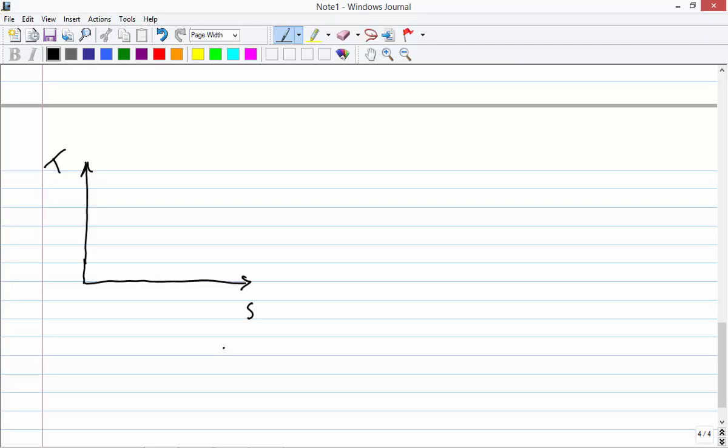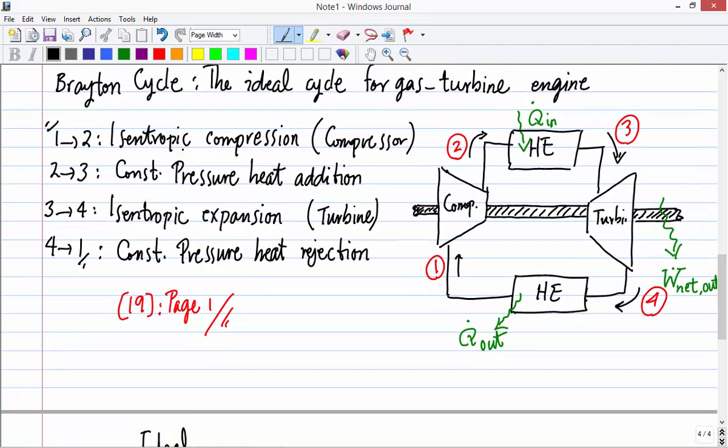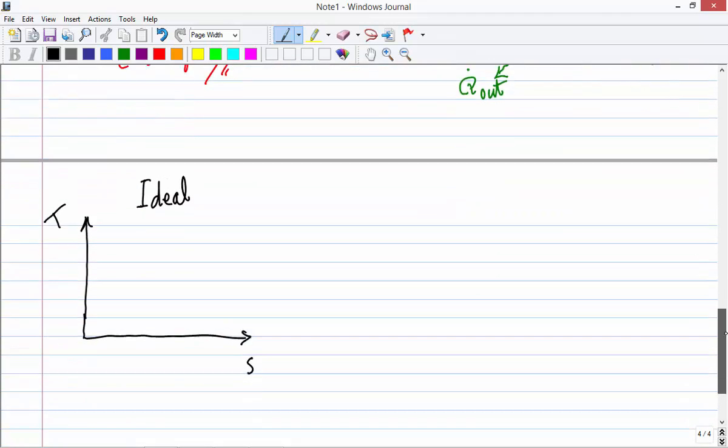I'm going to talk about this here again. In an ideal world, a compressor would be perfect. No heat loss, nothing. Everything is isentropic, entropy is constant. It's perfect. So in this ideal case, compressor and turbine would remain on an isentropic compression and isentropic expansion respectively.